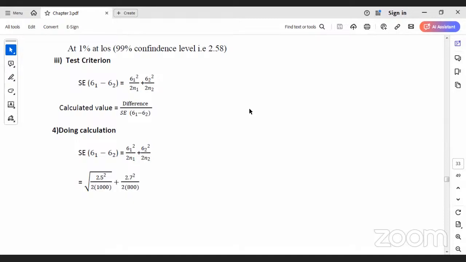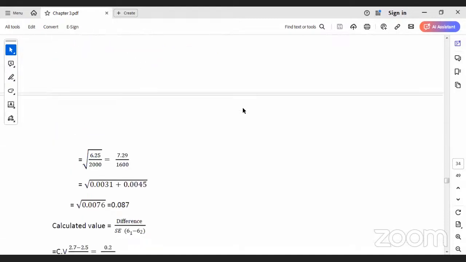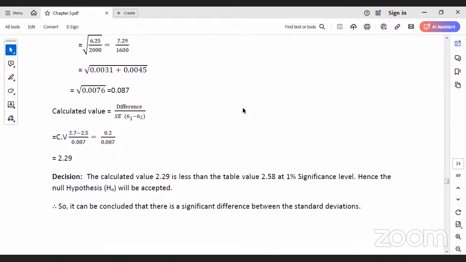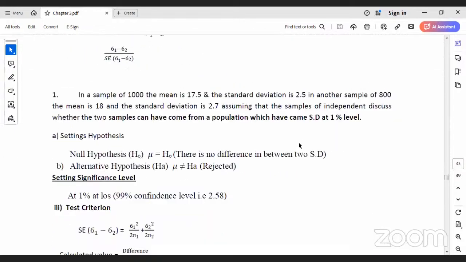So here it is 2 into n1 and 2 into n2. So calculated value is equal to the difference divided by the standard error. Then doing calculation, take the values from the question, and finally the difference between two standard deviations: 2.7 minus 2.5. So you see the table here. The table is not given clearly.